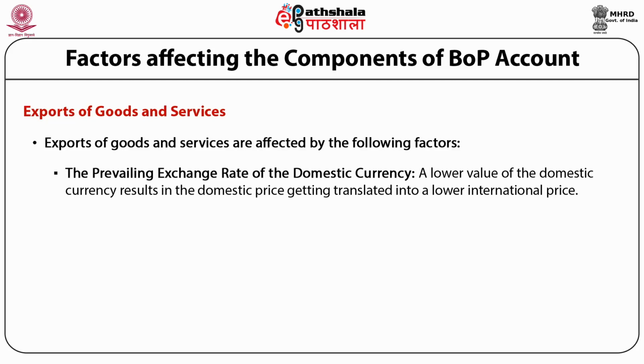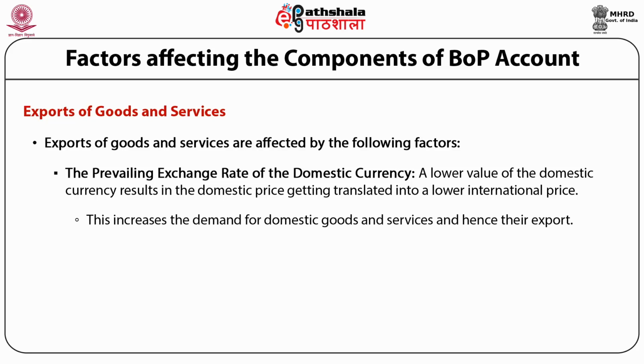A lower value of the domestic currency results in the domestic price getting translated into a lower international price. This increases the demand for domestic goods and services and hence their export. This is likely to result in a higher demand for the domestic currency. A higher exchange rate would have an exactly opposite effect.